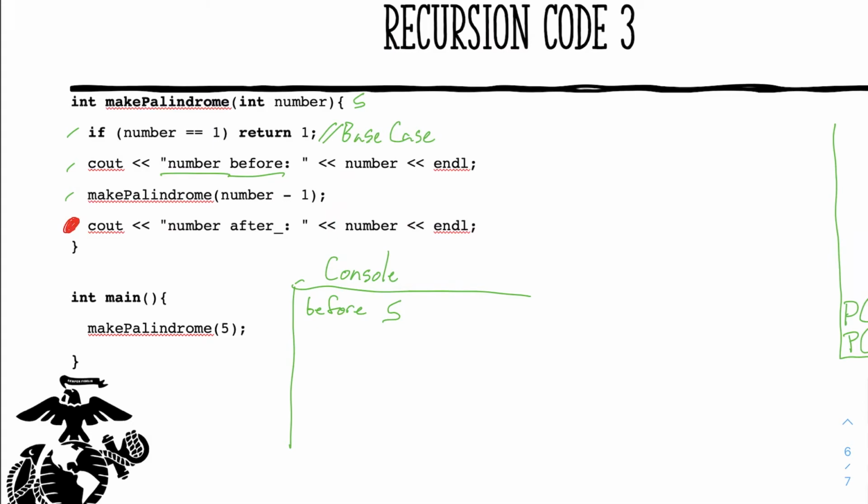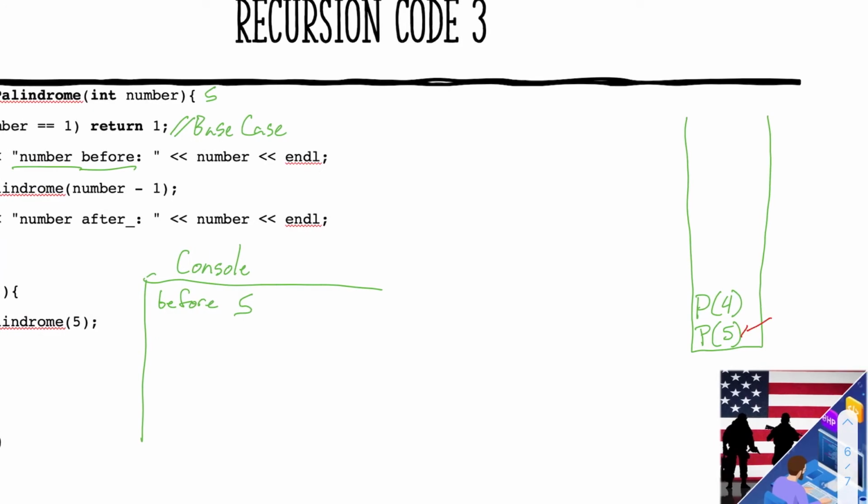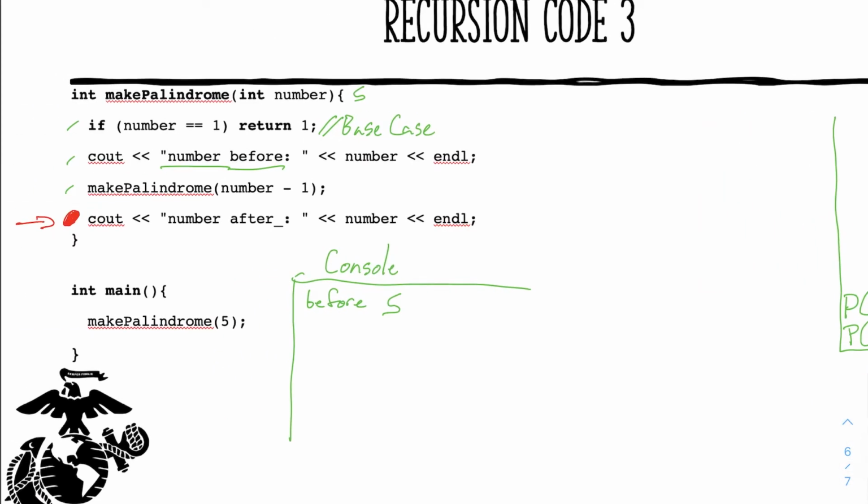So when our make palindrome recursion call comes back, it needs to come back and execute this line of code right here. So that is something to think about. So in this call here, this still has one line of code to execute. Just something to think about.